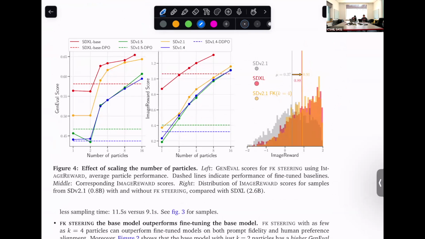Okay, what's going on here? We have GenEval score again, and image reward score. Do you also know what image reward is? I looked this up at some point.